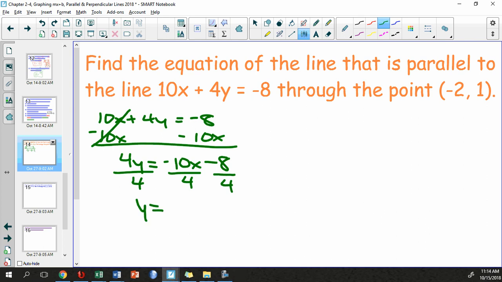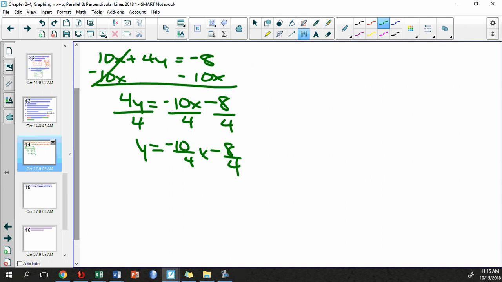So y is equal to negative 10 over 4x minus 8 over 4. Can I reduce those? What is negative 10 over 4 reduced down to? Negative 5 over 2.